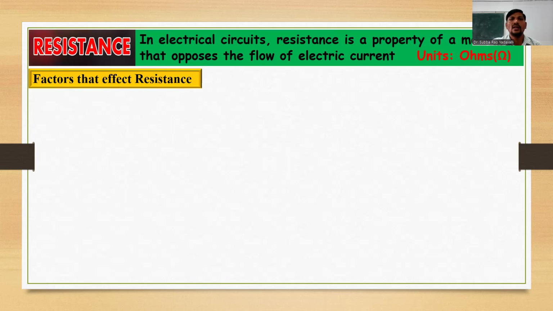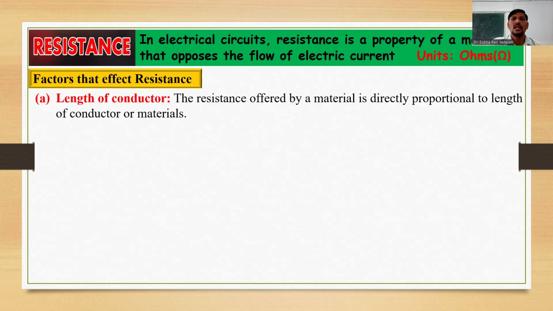Now coming to the factors that influence the resistance. The first one is the length of the conductor. The resistance offered by a material is directly proportional to the length of the conductor. If the length of the conductor increases, then the resistance of that material also increases.